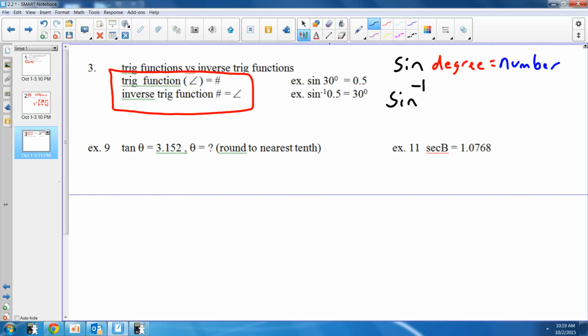So inverse function of sine, and then the number comes here, and that's equal to a degree. Wherever you use inverse functions, you're getting a degree as a result. So notice how those things switch spots and you're using the inverse.